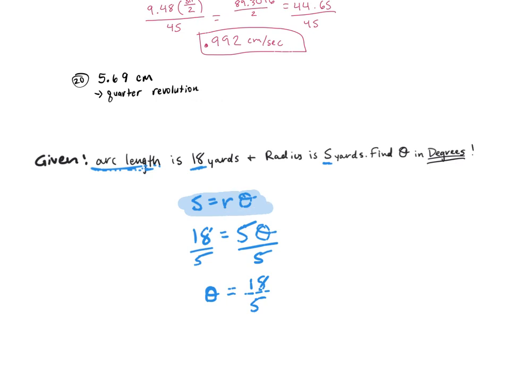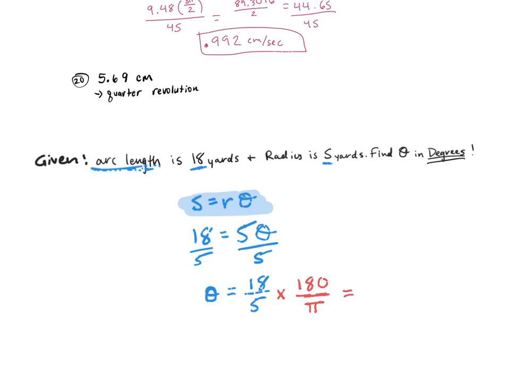How would we change this to degrees? Multiply by 180 over pi. Remember, when going to degrees, it's 180 over pi. And then we can just put it into our calculator. So we have 18 times 180, which is 3,240.